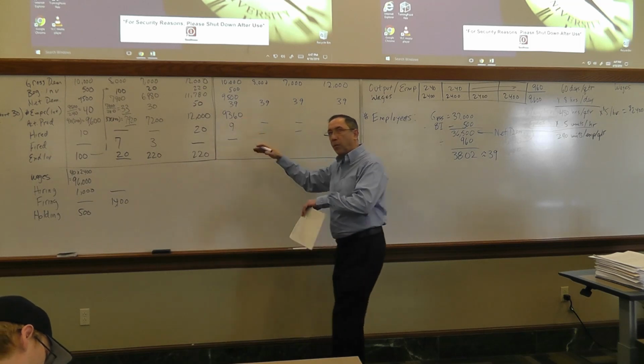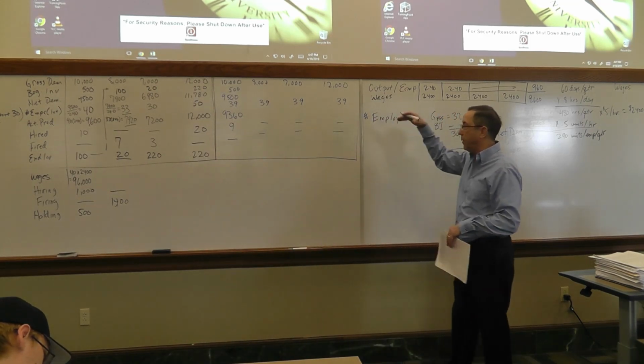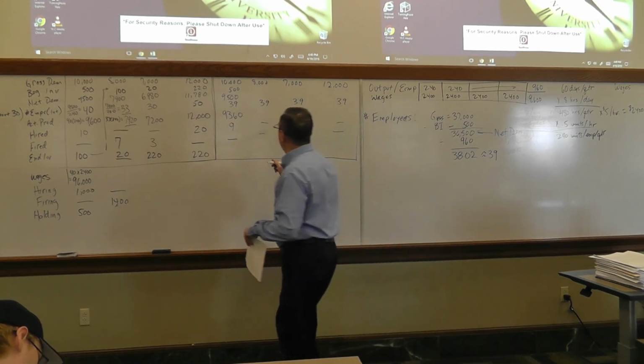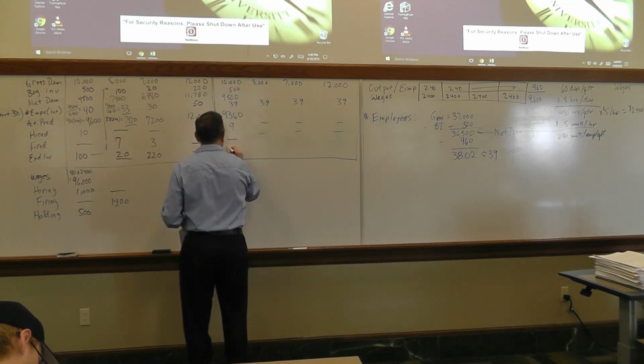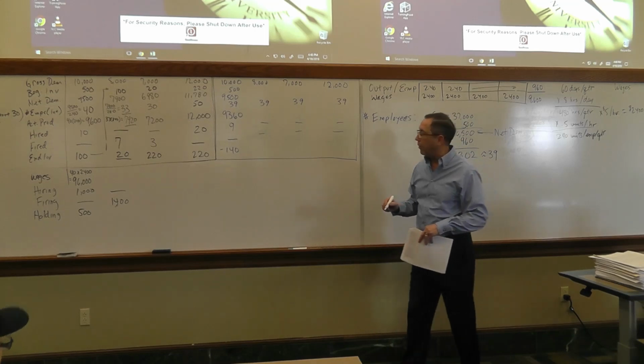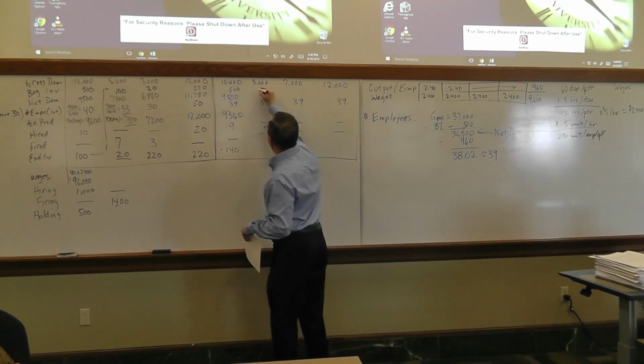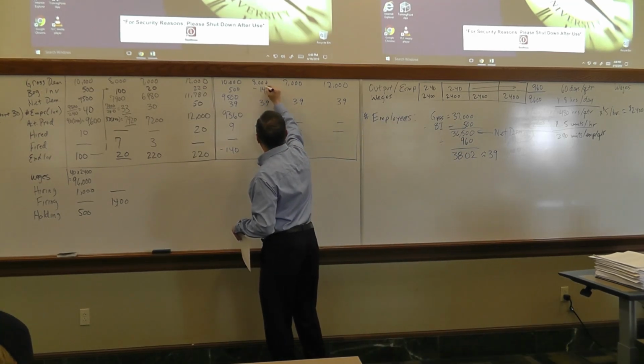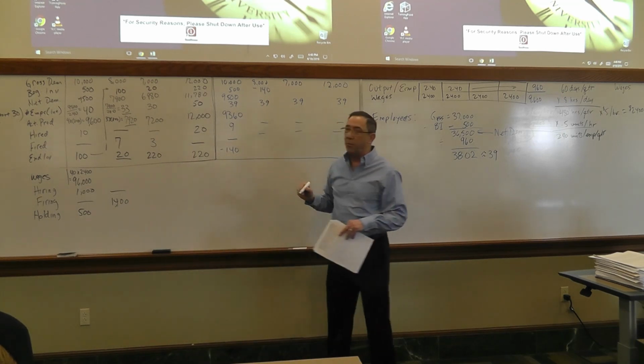So with a level plan, we'll underproduce during peak periods, overproduce during slow periods. So 140 negative is our ending inventory for the first quarter. You just carry that over. Minus 140 is your beginning inventory for the second period.